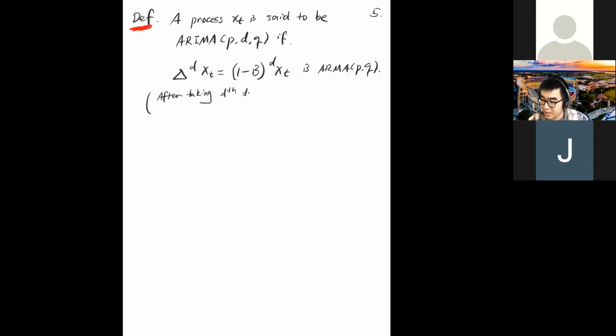After taking the d-th difference, your data will satisfy the ARMA(p,q) requirement. The ARMA(p,q) requirement consists of being causal, invertible, and also having the ARMA setup.